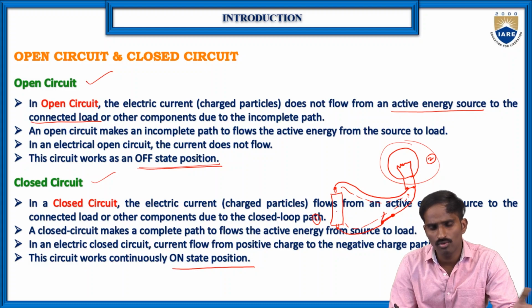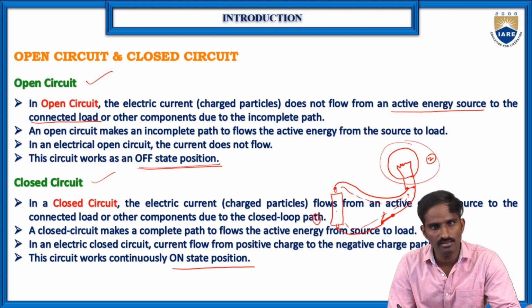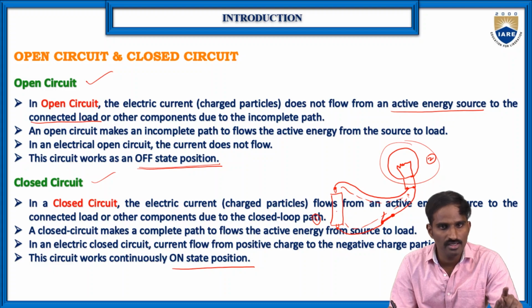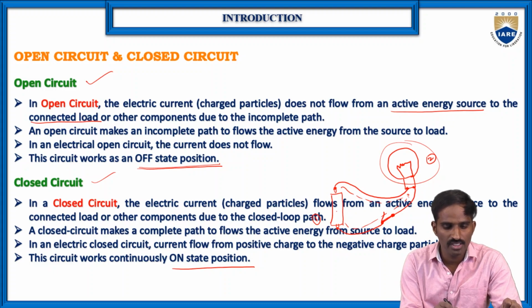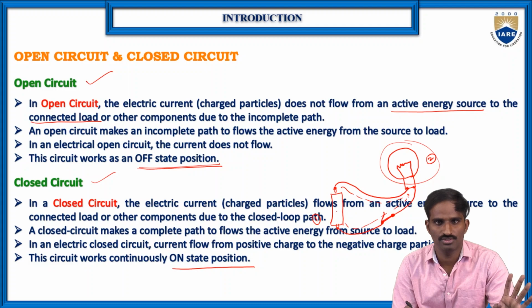In your home, the source is the electrical energy which you are getting, and the load is any electrical appliance. It may be a fan, a refrigerator, or a washing machine, whatever it may be. Turning on and off is nothing but making an open or closed circuit.